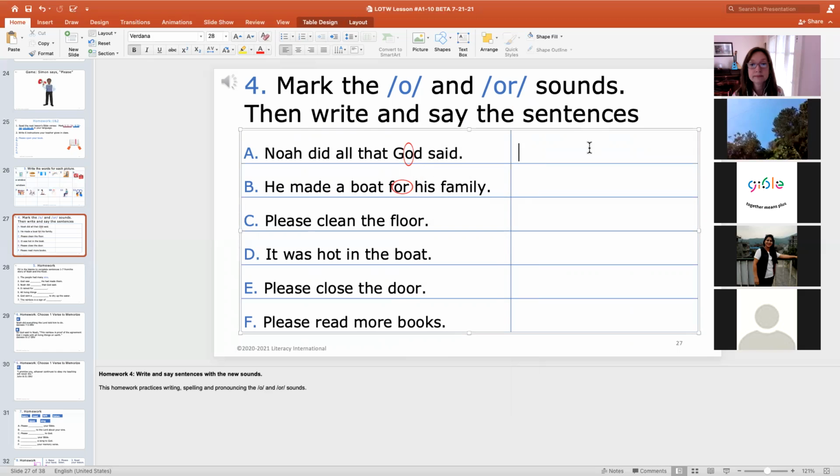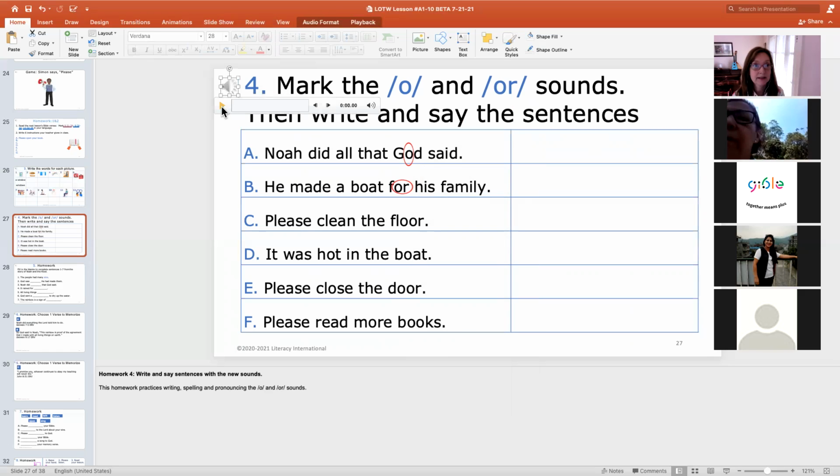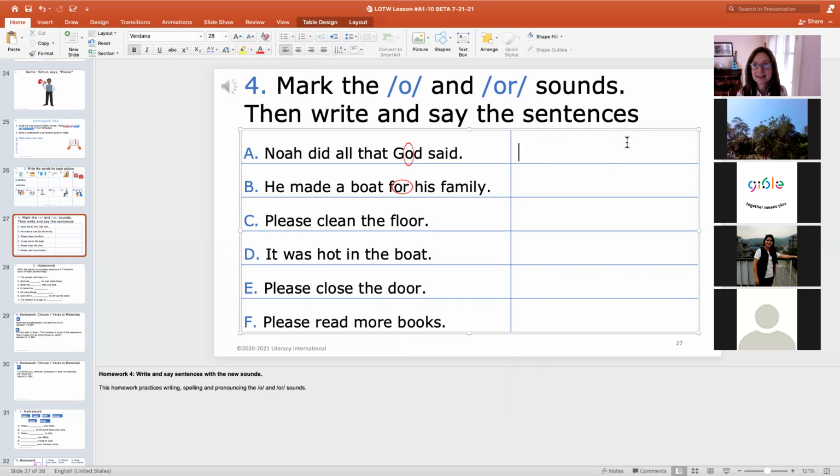So they can listen to the audio just by clicking this little audio icon here. They can listen to the narrator read the sentences if they're not sure which ones are the ah sound. And we want them to practice writing those, so that helps them with their spelling skills, and also saying it out loud, which will help with their pronunciation.